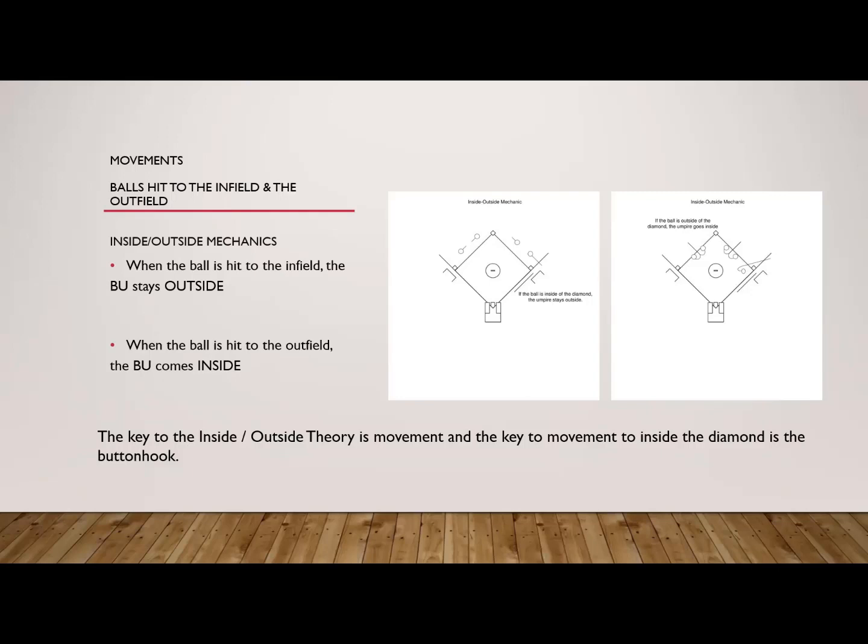So ground ball anywhere in the infield, you're breaking into the infield, but you're staying on the outside of the baseline. Now, when the ball then would travel to the outfield, you would come in, make your pivot or your button hook, find the ball and your runner, and proceed on. So when the ball is out, you're in. And when the ball is in, you're out.